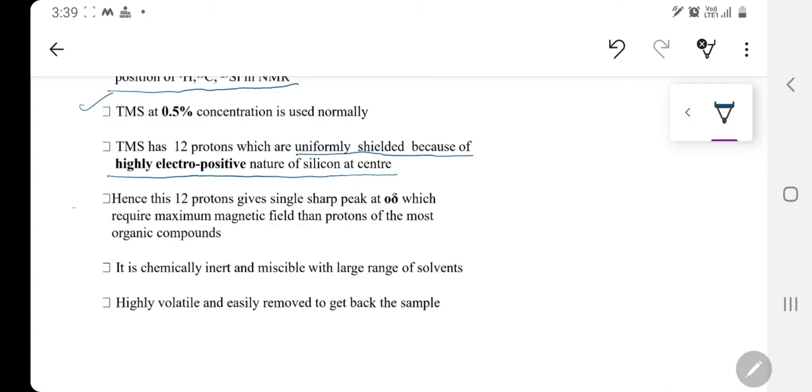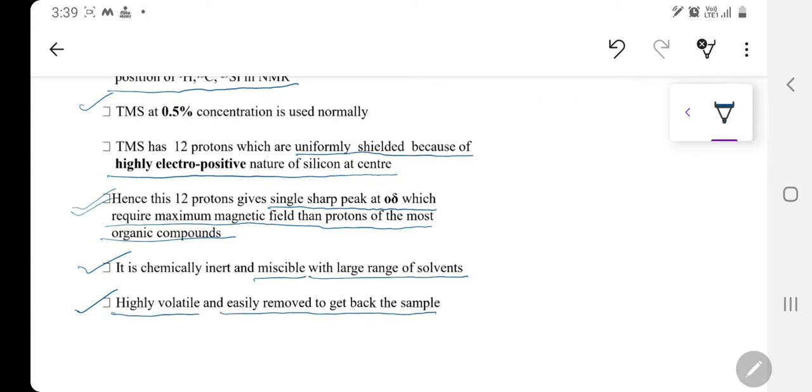Hence, the 12 protons give a single sharp peak at the value of delta 0, which requires a maximum magnetic field compared with protons of most organic compounds. It is chemically inert, miscible with a large number of solvents, and lastly, highly volatile and easily removed to get back the sample.